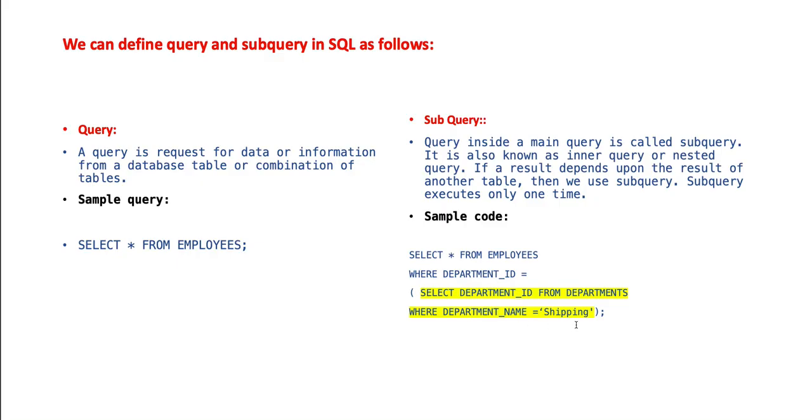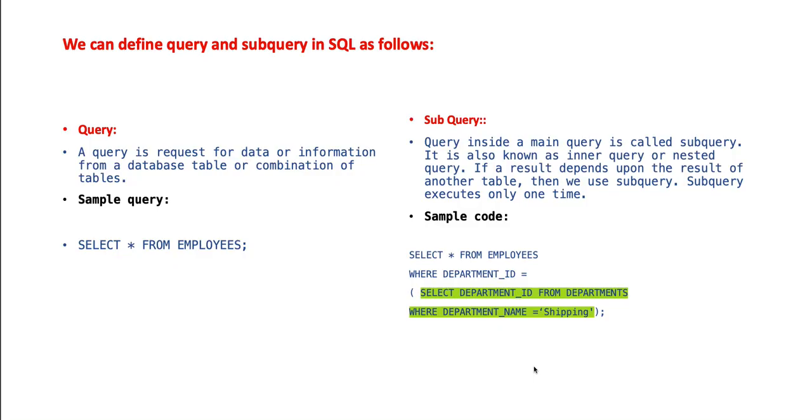First of all, we have to understand that the result of this employees table depends upon the result of the departments table. That's why this part of the query, select department ID from departments where department name is shipping, is called the subquery. This highlighted part is called the subquery.